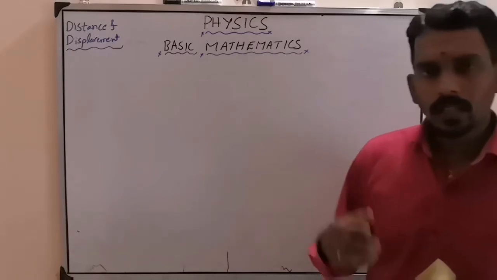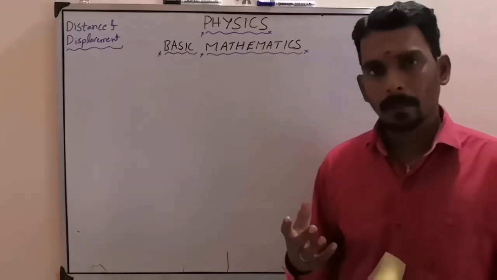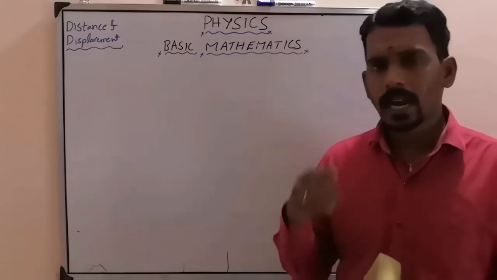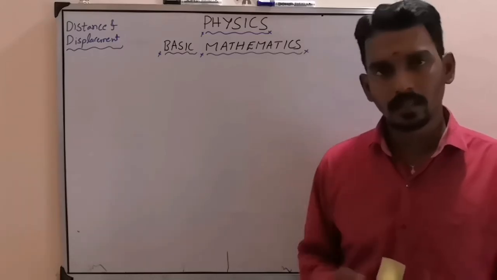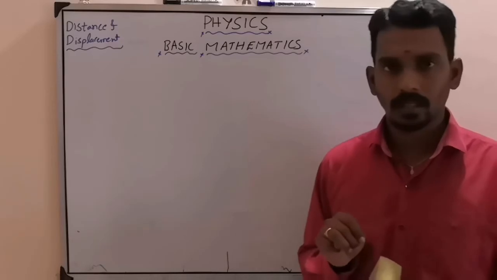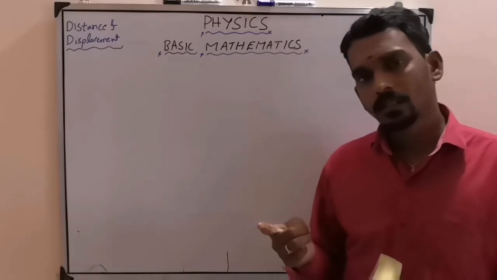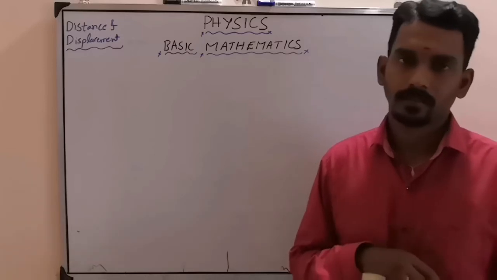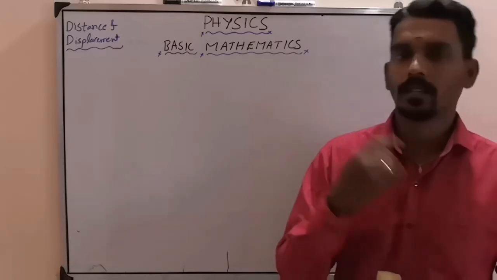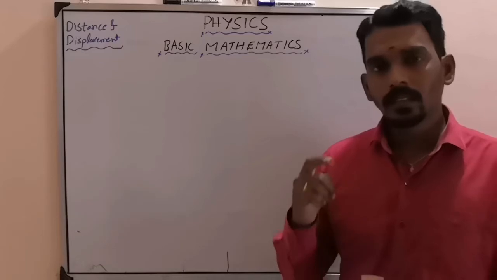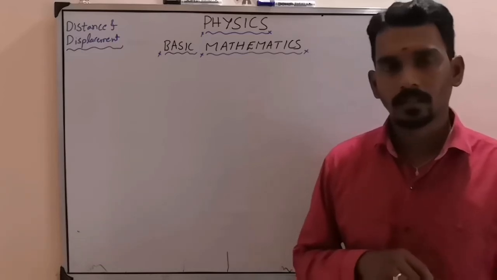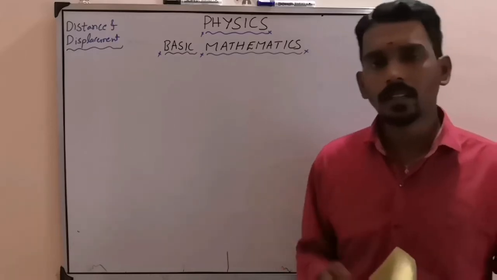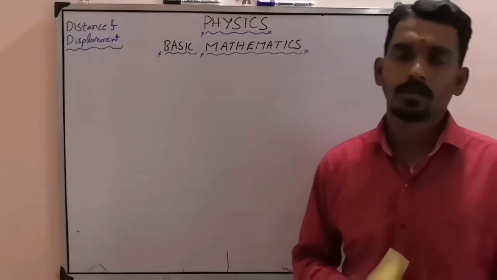Suppose I give a question: a particle started at one point, traveled towards east 3 meters, then turned towards north and traveled 4 meters, then turned upwards, then traveled 12 meters. Find the distance and displacement.